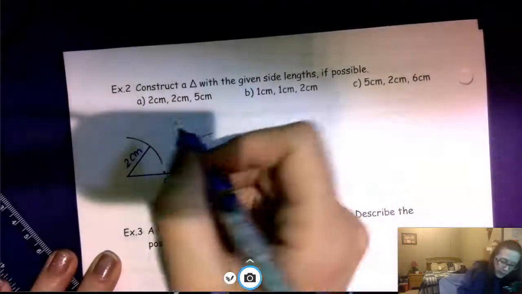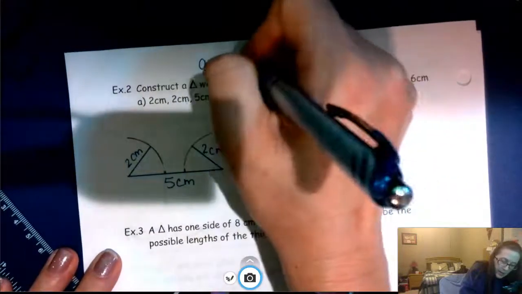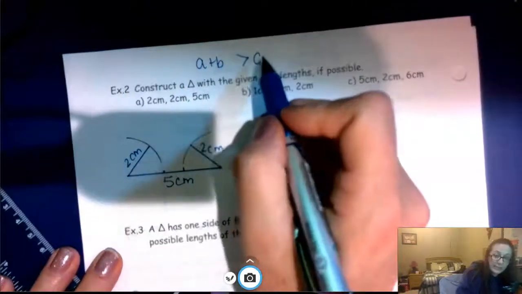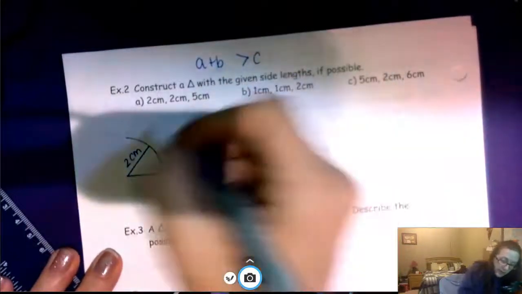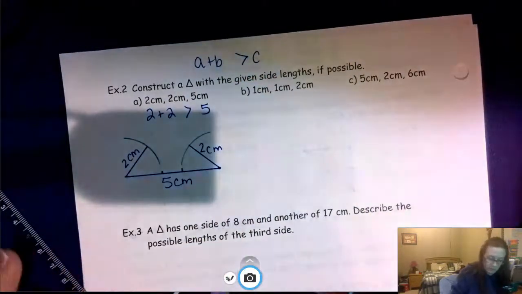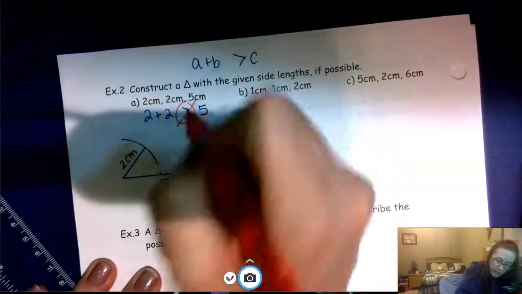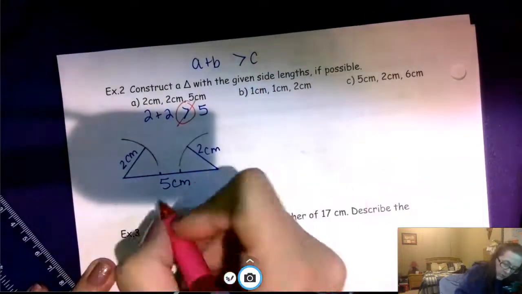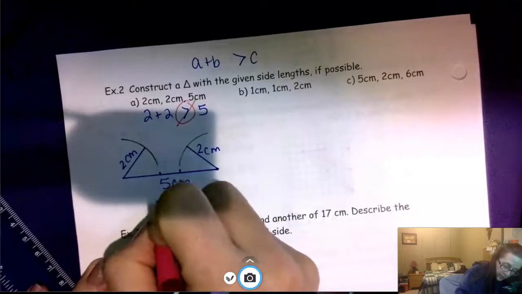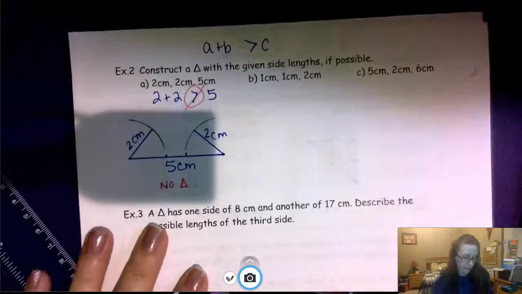And I know this already because if I do A plus B has to be greater than C, and C again always has to be my largest side. Is 2 plus 2 greater than 5? 4 is not greater than 5. This is not a true statement, so I do not have a triangle. There's no possible triangle here.